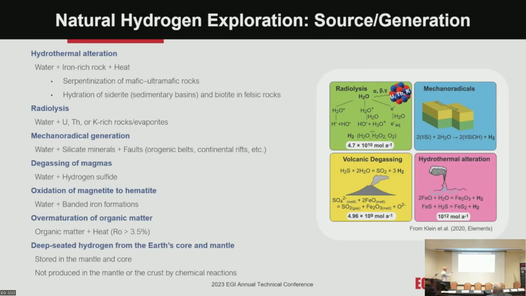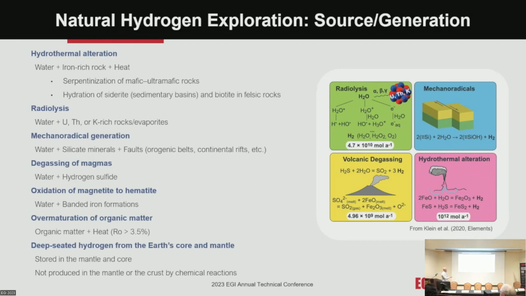And then the overmaturation of organic matter. This is something for us as well, because this happens either in the dry gas window or after the dry gas window. People probably think, oh, these source rocks are already overmature, so we don't have oil. But if you go back, you might find hydrogen, which might be valuable.